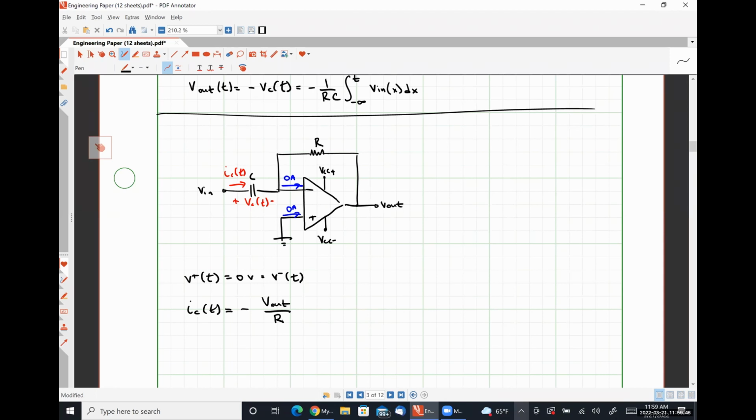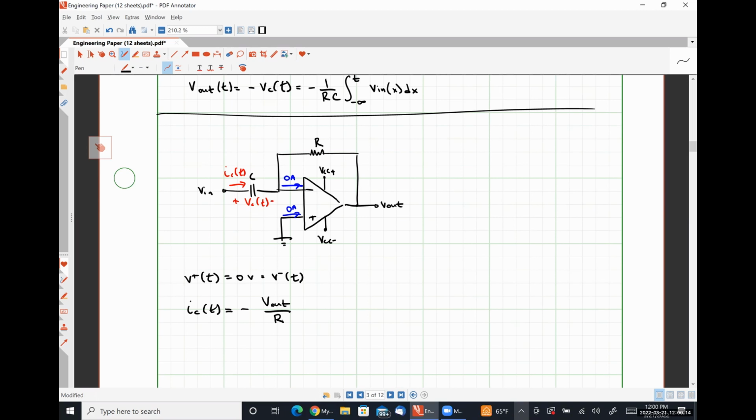What's the relationship between Vn and Vc? They're equal. Not equal and opposite, just straight up equal, right? Vn measured with respect to ground, which is here, is the exact same thing as Vc.